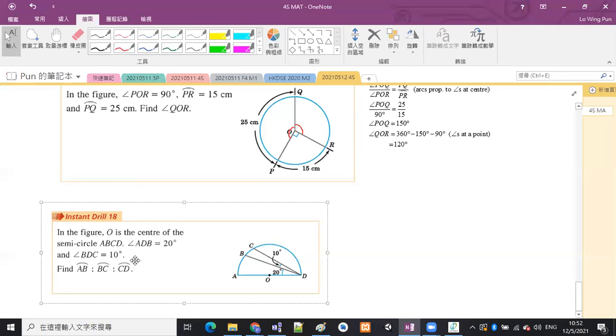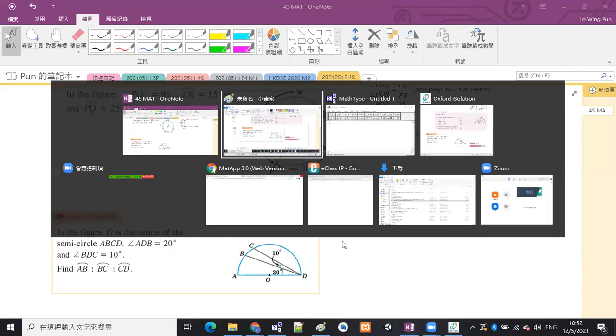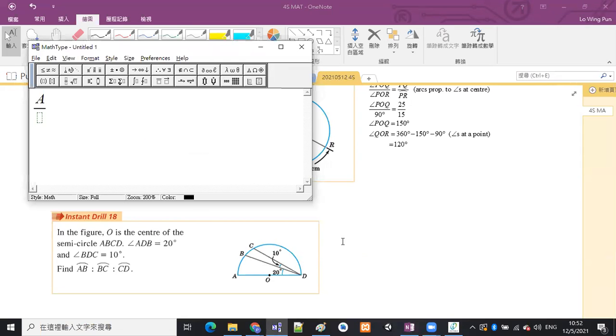In the figure, O is the center of the semicircle ABCD. ADB is 20 degrees, BDC is 10 degrees, and then we need to find the ratio of the three arc lengths, arc AB to BC, arc CD. Okay, AB to BC. So arc AB to arc BC is equal to angle ADB to angle BDC.